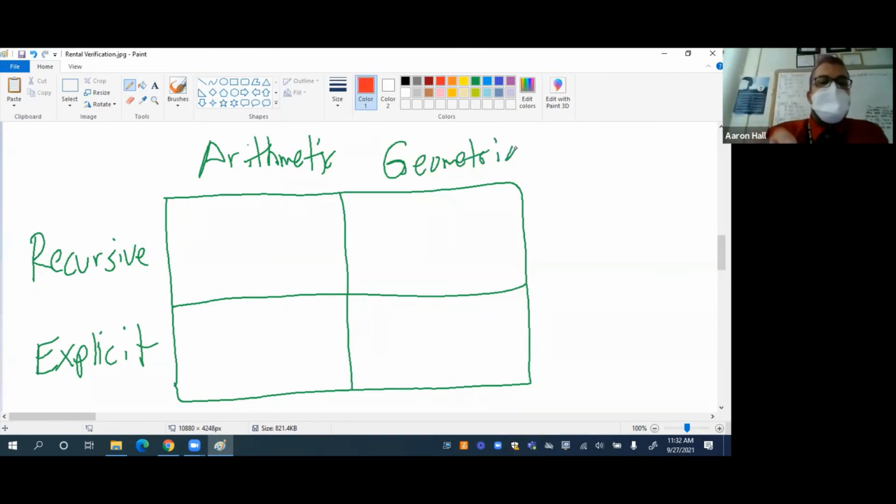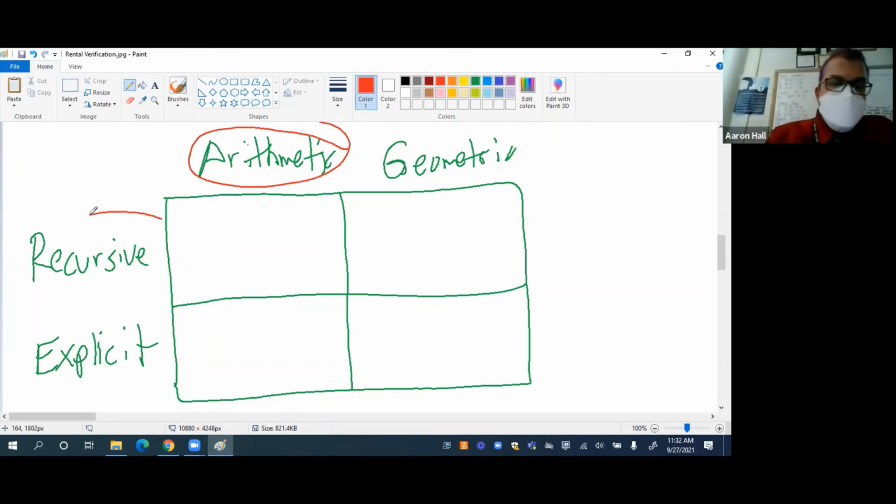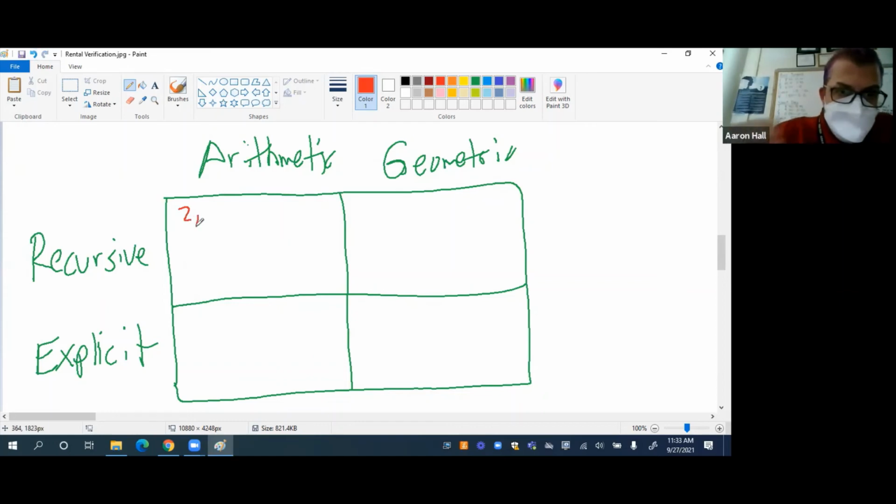All right. Let's do arithmetic and recursive. If I have something, let's do like this: 2, 5, 8, 11, adding 3.